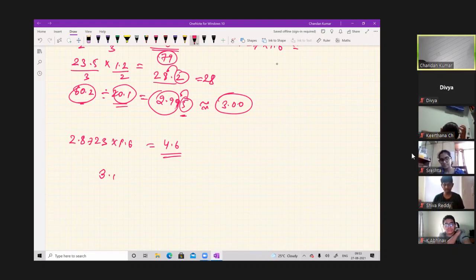Now 3.0 into 10 to the power 4 and 1.15 into 10 to the power 4.